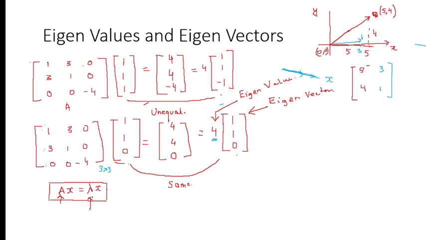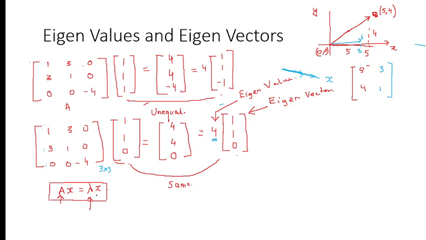Lambda may have more values, but lambda is a scalar quantity. This is basically the physical significance of eigenvalue and eigenvector.